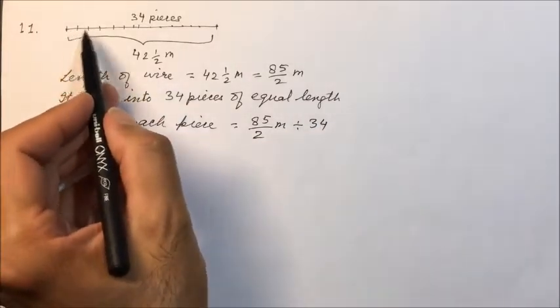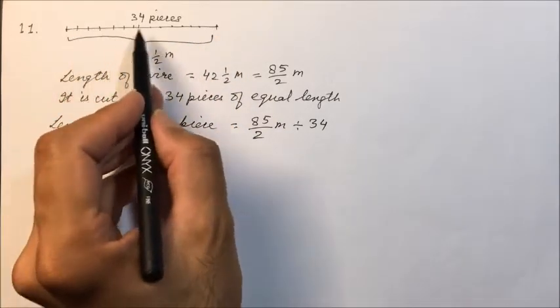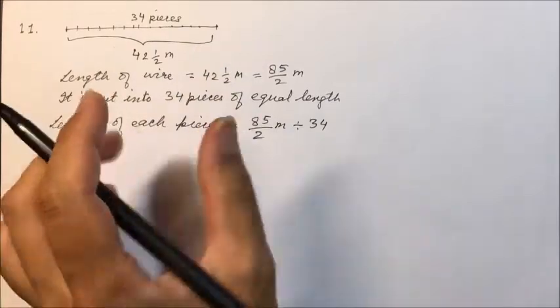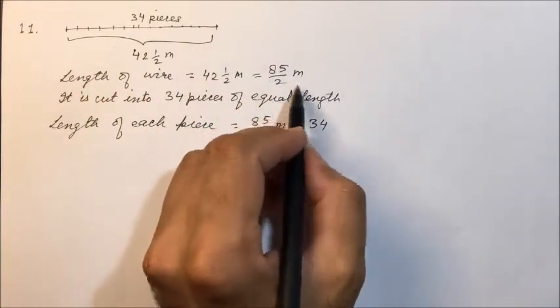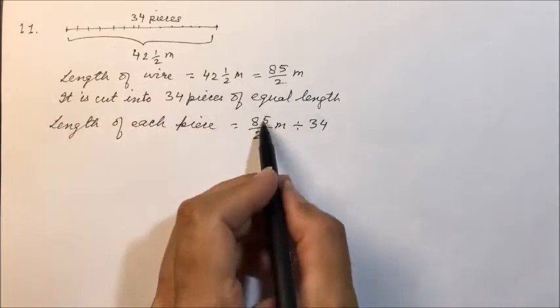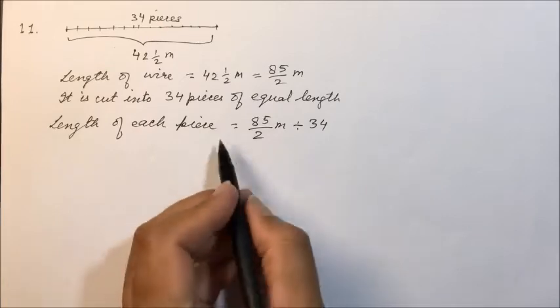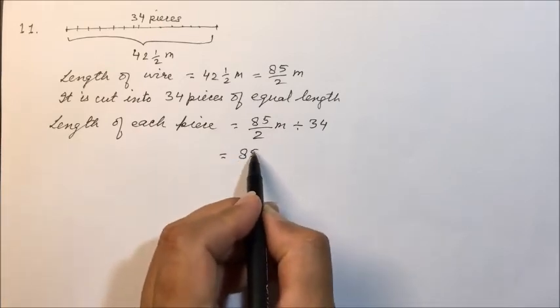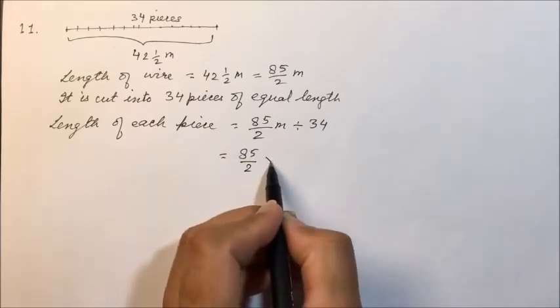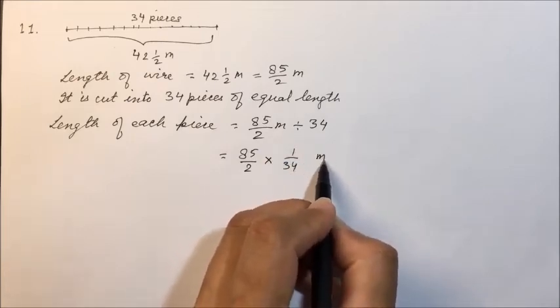So we have the wire of length 42 1/2 meters, and it is cut into 34 pieces. Length of 34 pieces is 85 upon 2 meters. So length of each piece will be 85 upon 2 meters divided by 34. So this comes out to be 85 divided by 2 into 1 upon 34, and unit will be meter.